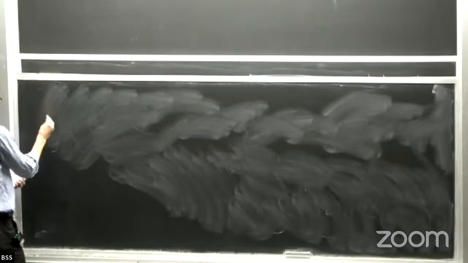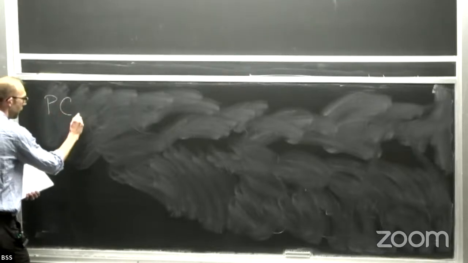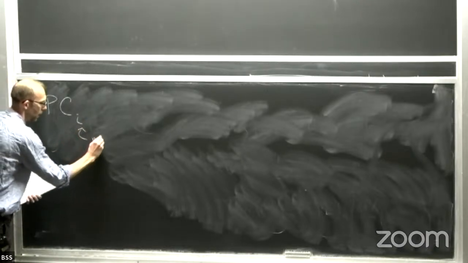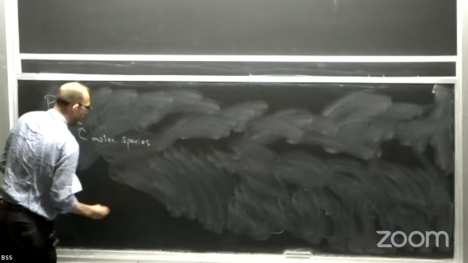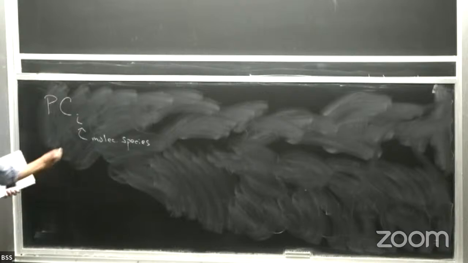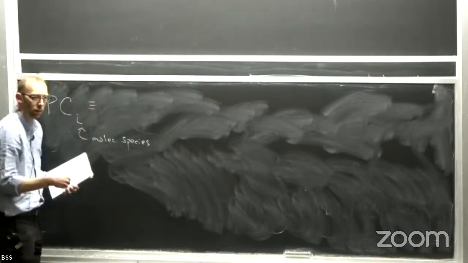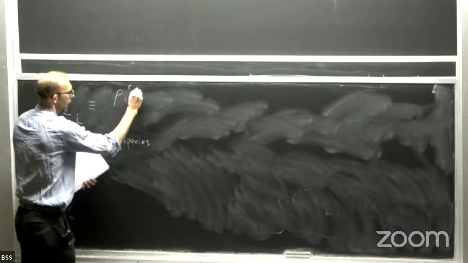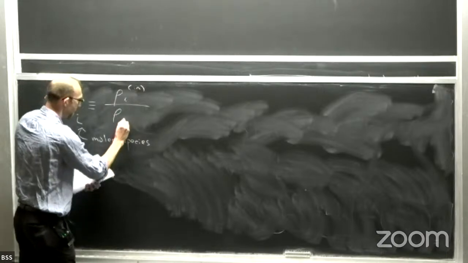Well, for our multi-component system, this partition coefficient for some molecular species i is simply defined to be the ratio of the concentrations or number densities inside and outside.